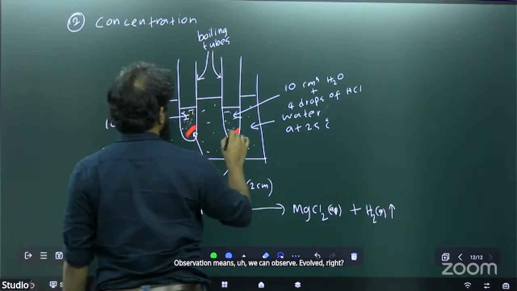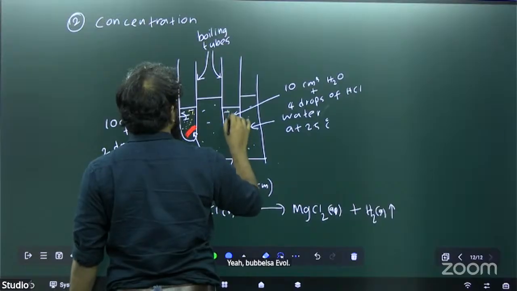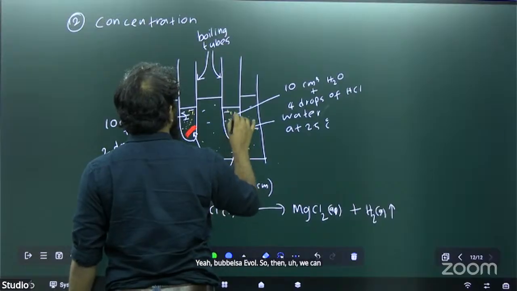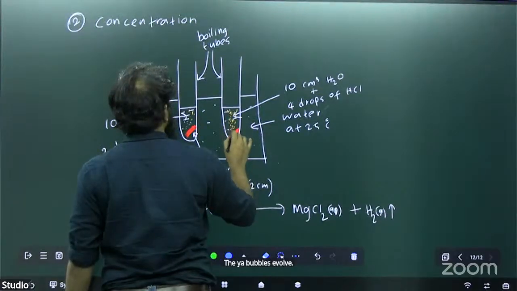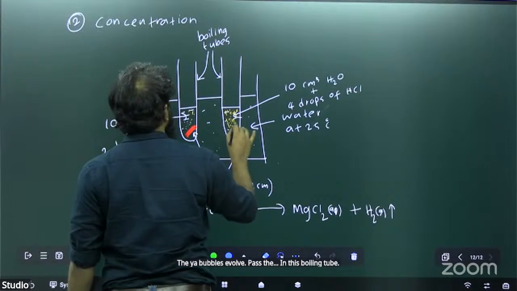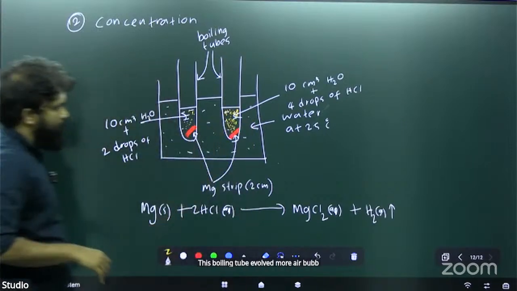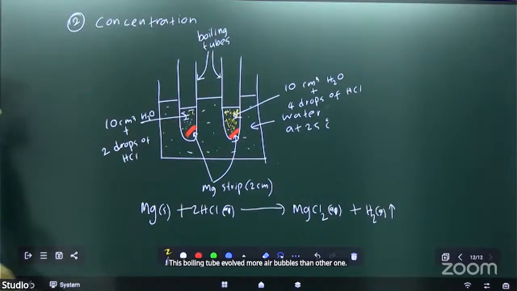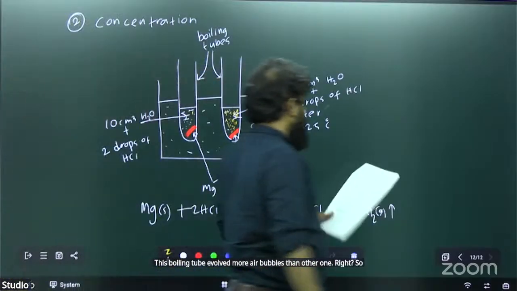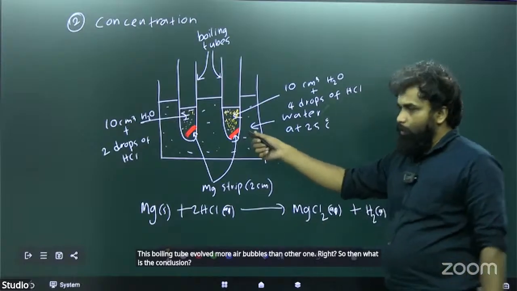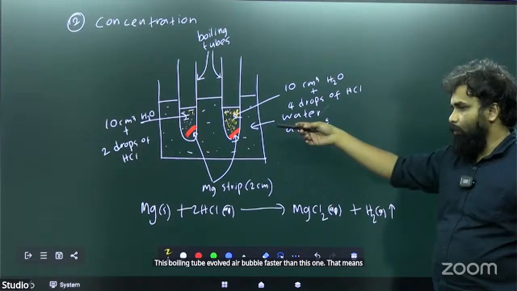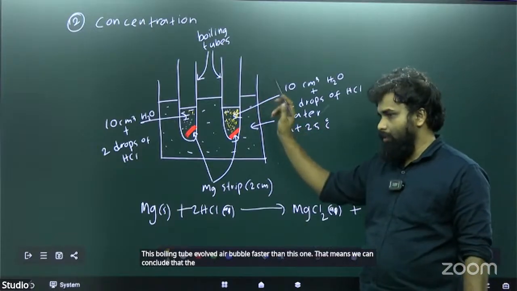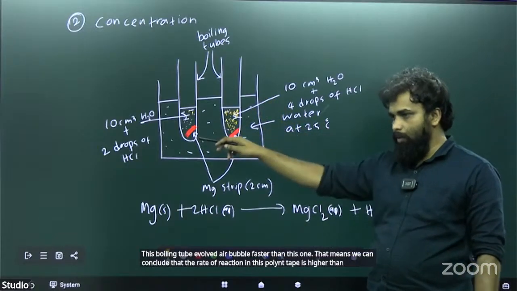We can observe the air bubbles evolve faster in this boiling tube. This boiling tube evolves more air bubbles than the other one, right? So then what is the conclusion? This boiling tube evolves air bubbles faster than this one. That means we can conclude that the rate of reaction in this boiling tube is higher than the other one.